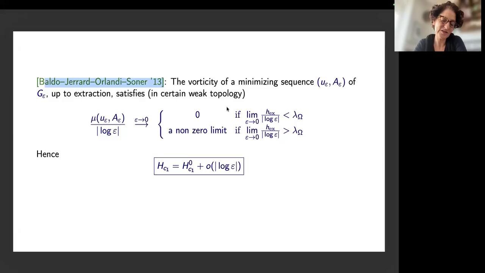And of course, as you can expect, the microscopic structure is not going to be affected by the metric, because when vortices get very close to each other, things are almost flat, and so you will still have the logarithmic repulsion, but it will be more like a Green's function of your manifold. That will be the type of interaction.